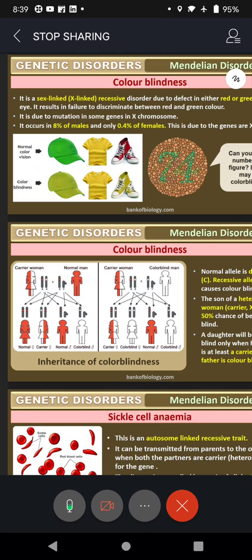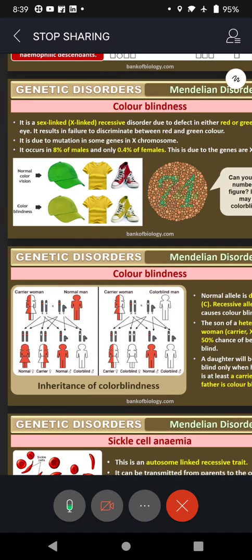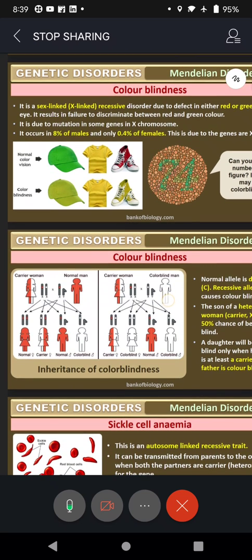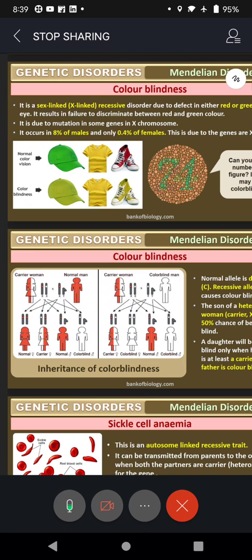If the cone structure or number is disturbed, it results in failure to discriminate between red and green, for that matter even any color. So it is due to mutation in some genes on the X chromosome.